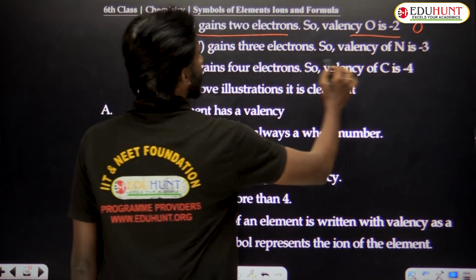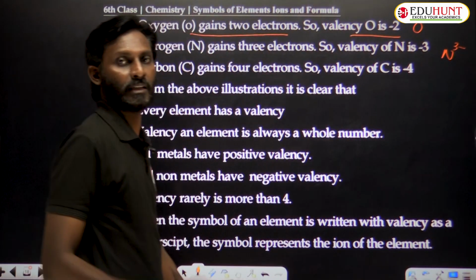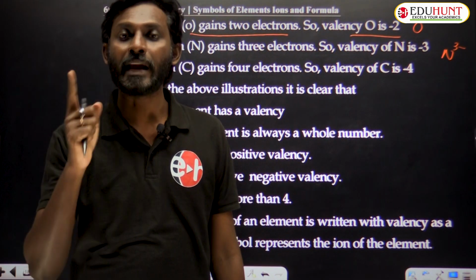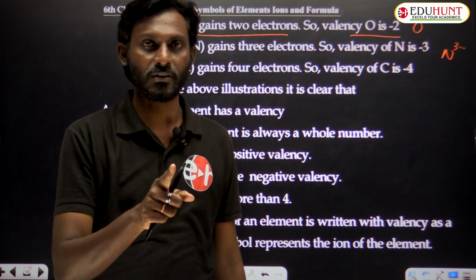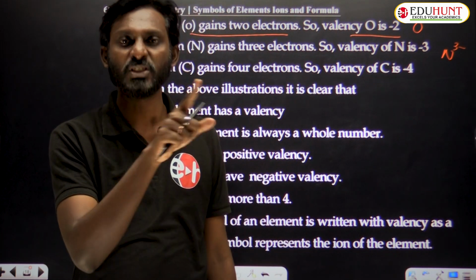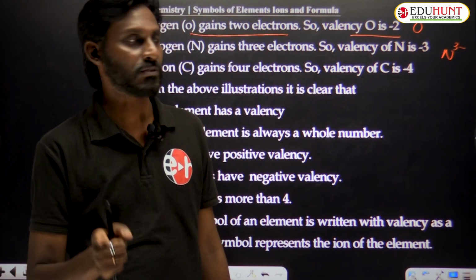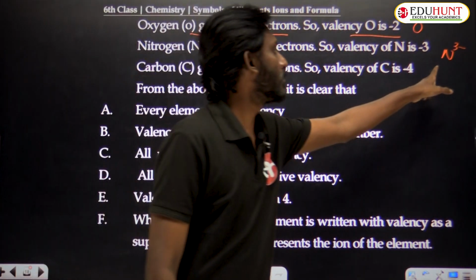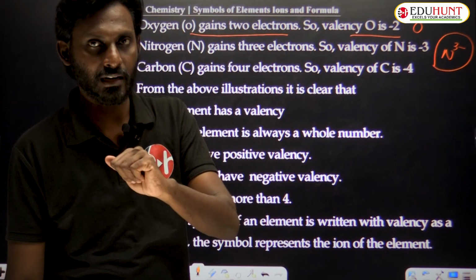Nitrogen gains 3 electrons to become N3 negative ion. Previously I explained how a cation, or basic radical, is formed by the loss of electrons, like Ca2 plus, Na plus, Mg2 plus. An anion is formed by the gain of electrons. Nitrogen has gained 3 electrons, that's why it becomes the N3 negative ion. The name is nitride.